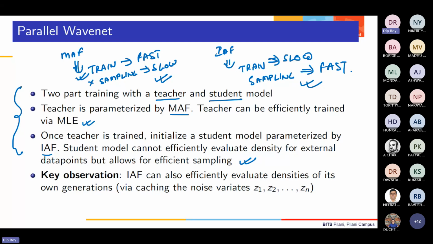So MAF is going to be trained, and then we are somehow going to use some mechanism to distill the knowledge of MAF into the student, that is IAF, and use IAF for sampling since sampling is fast. That is what it is trying.